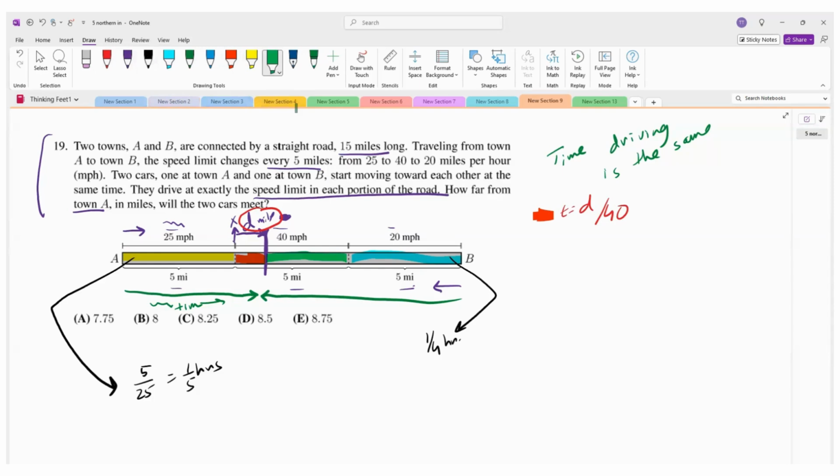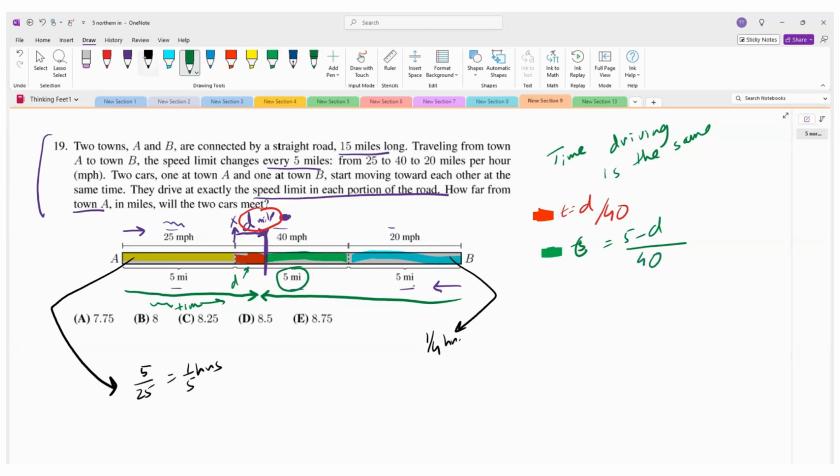For the green time, the distance we are traveling is 5 minus d, because this whole thing is 5 miles and this portion is d miles. So I'm traveling 5 minus d, again at a speed of 40 miles per hour, right?